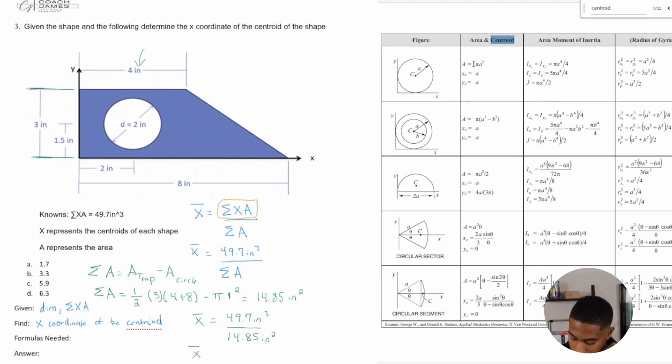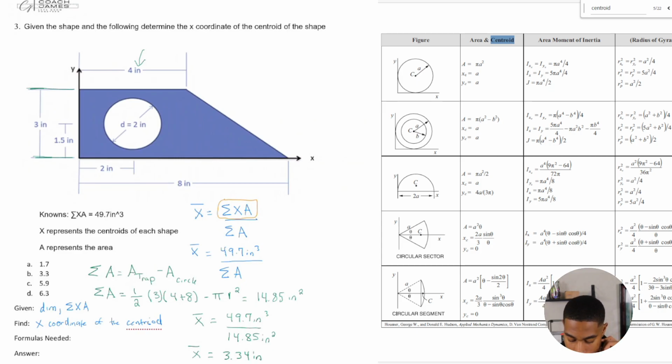And you should get X bar to equal 3.34 inches. Okay. So basically, we just want to make sure that this answer makes sense, right?